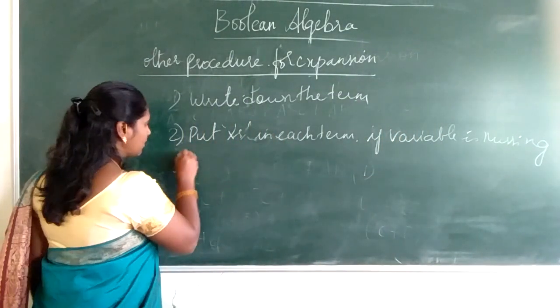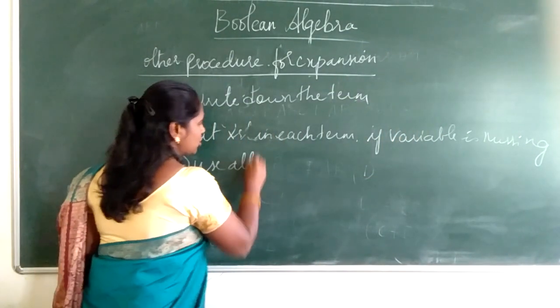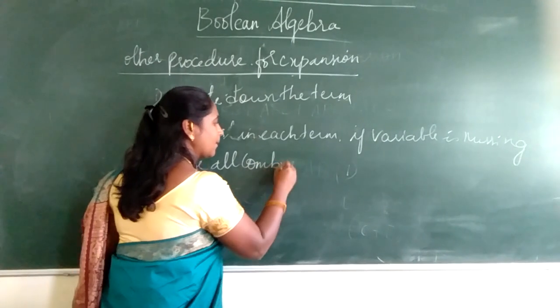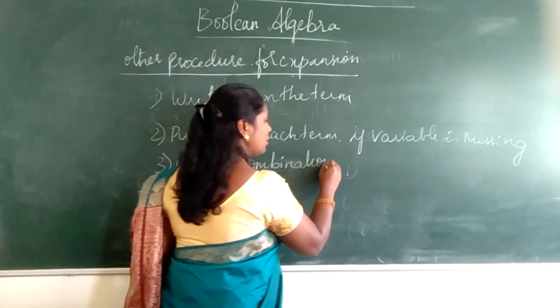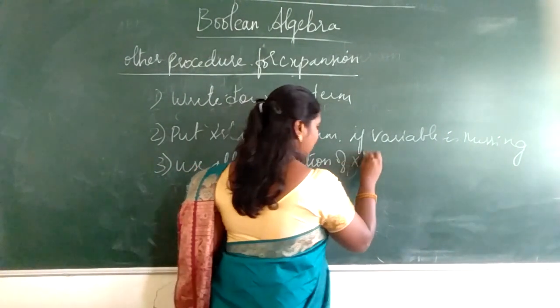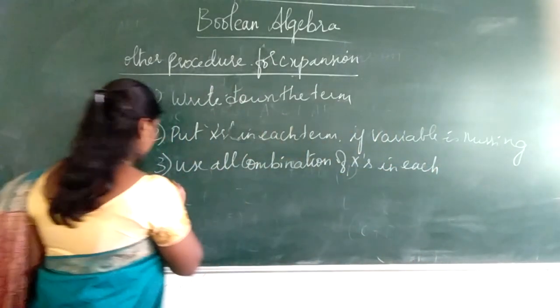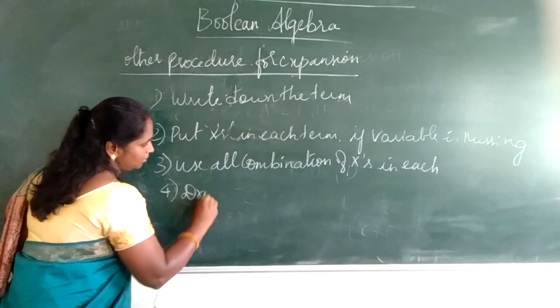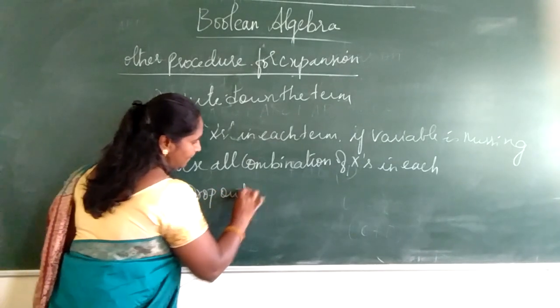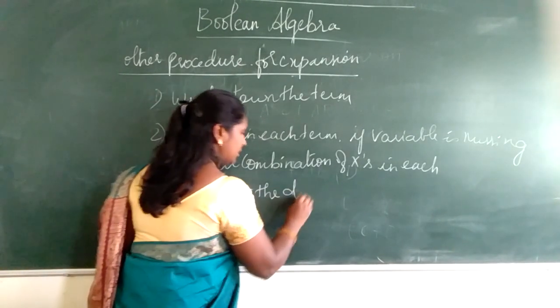Third, use all combinations of x in each term. Then fourth, drop out the duplicate terms.